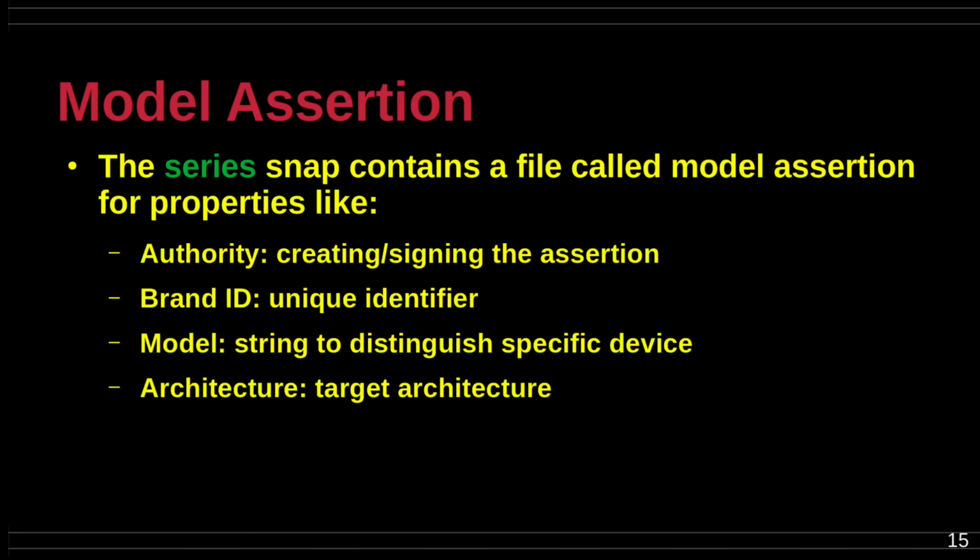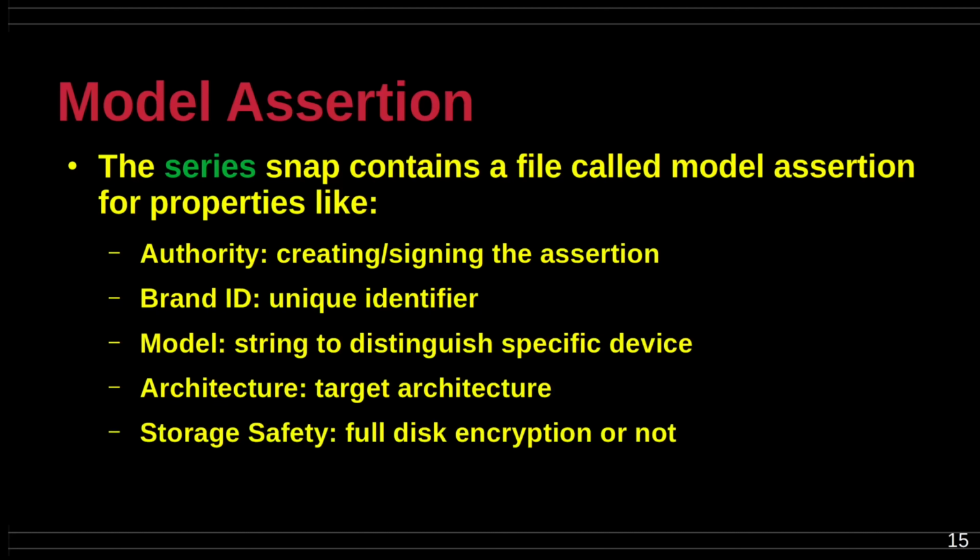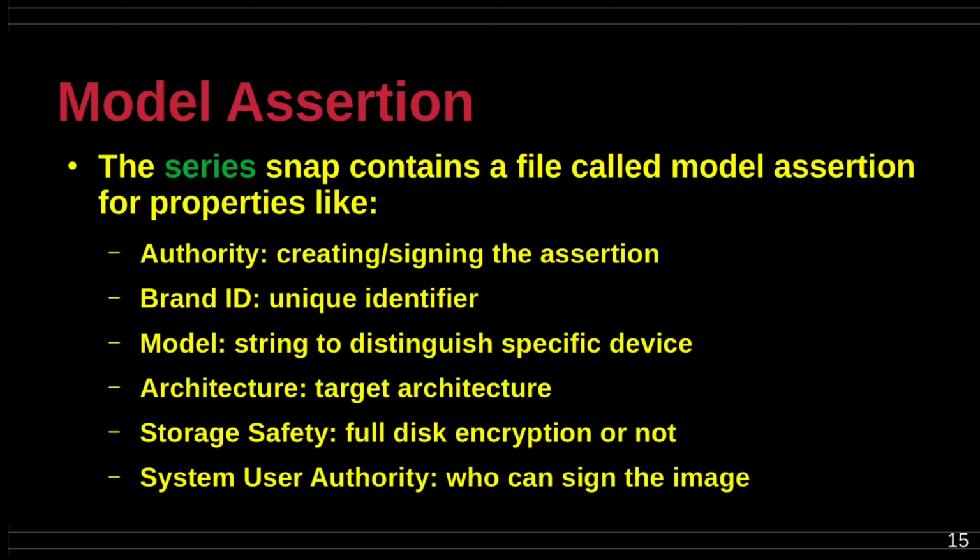For example, hardware manufacturer. Brand ID, a unique identifier for the brand. Model, a string identifying a specific model or group of similar devices. Architecture, the target architecture of the device, for example, x86/64.